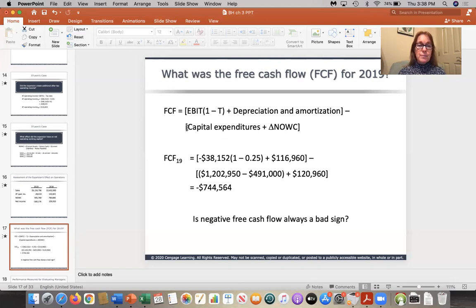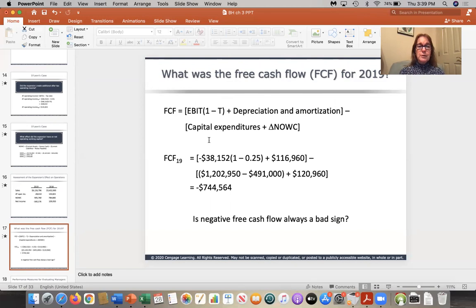So they spent money on plant and equipment, and they also increased their net operating working capital. So basically, this is the money that they had from their operations, and then this is what they spent. What's left, the net of that, is the free cash flow, which is what's available to shareholders.